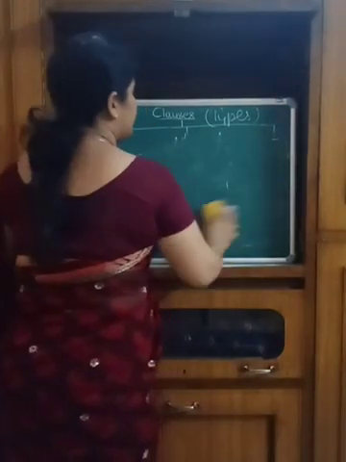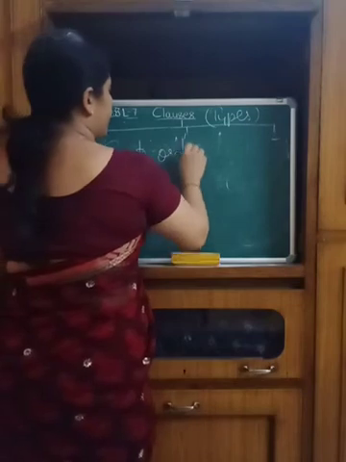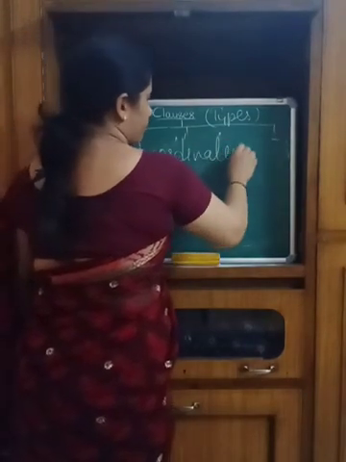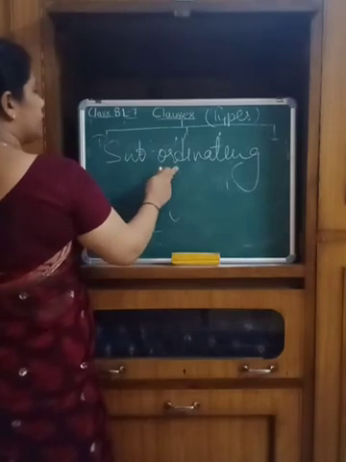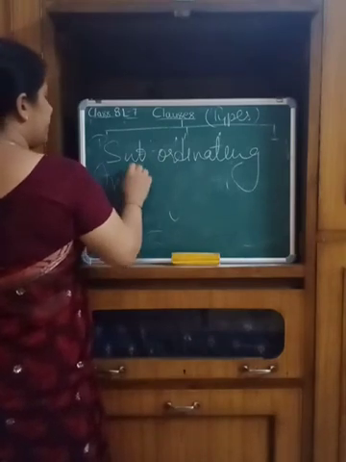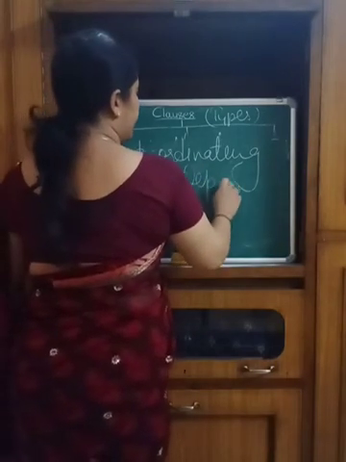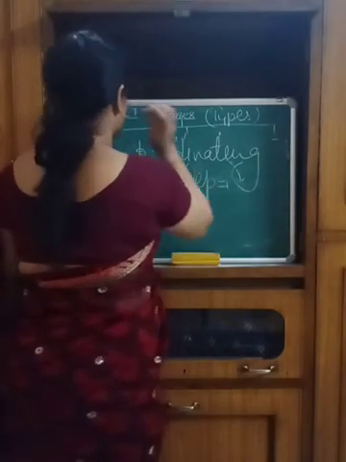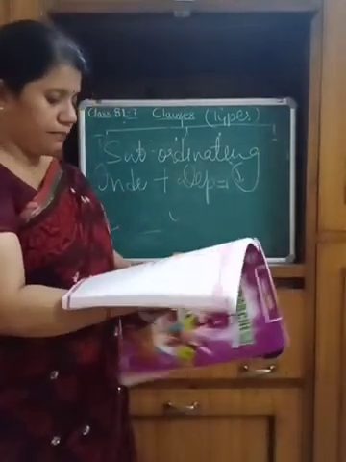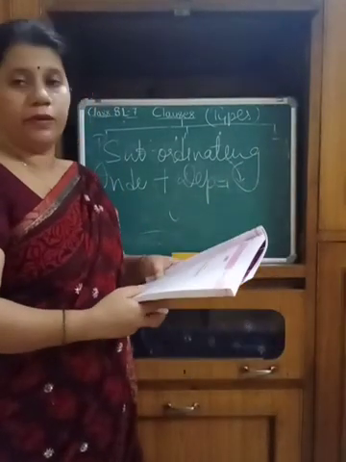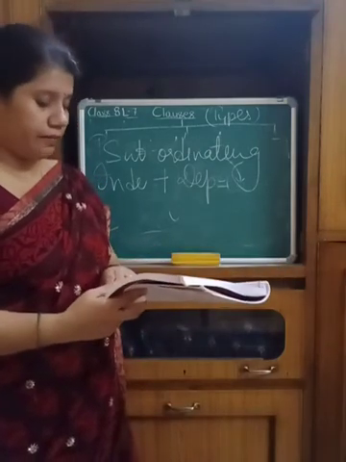The last one is the subordinating clause. In a subordinating clause, one is the independent clause and the second one is the dependent clause. See the example given in the book: I like music, which is composed by A.R. Rahman.